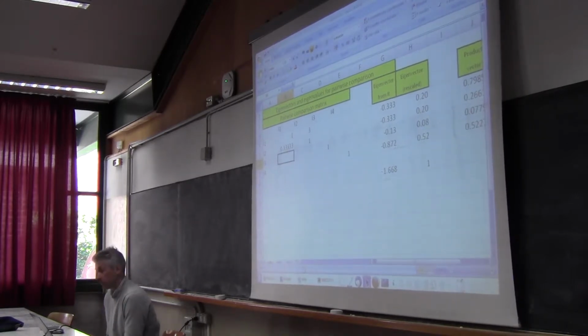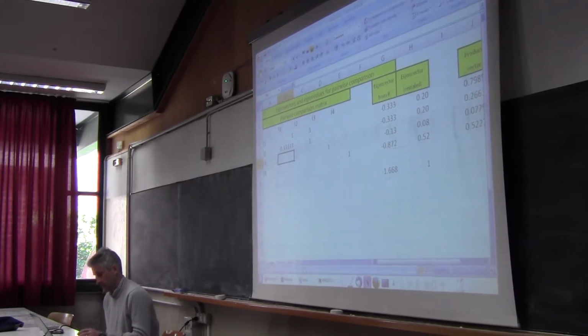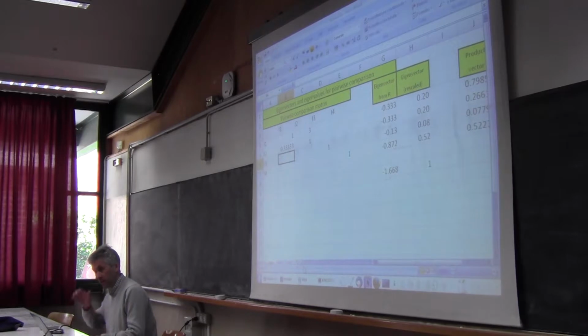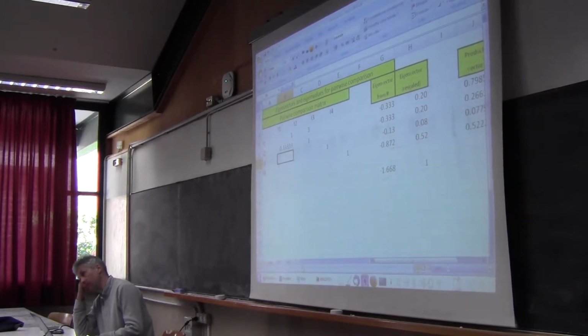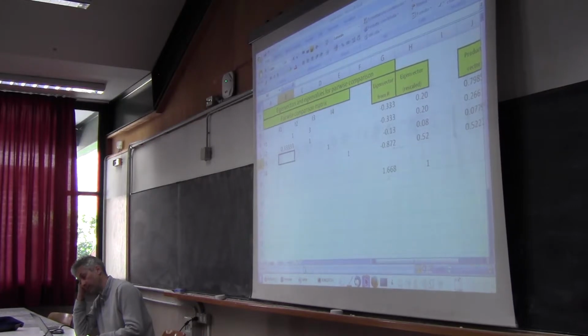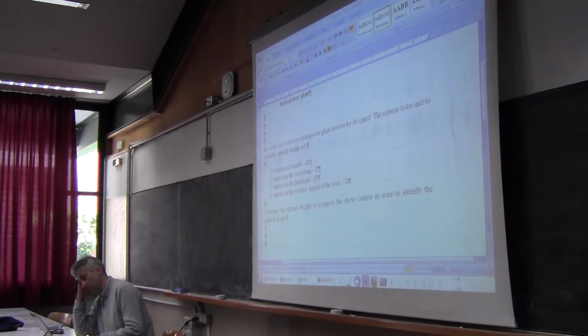Okay, let's try to do that. And then indicator 1, economical benefit against indicator 3. What is indicator 3? I go back to the Word file. Indicator 3 is the impact on the landscape.